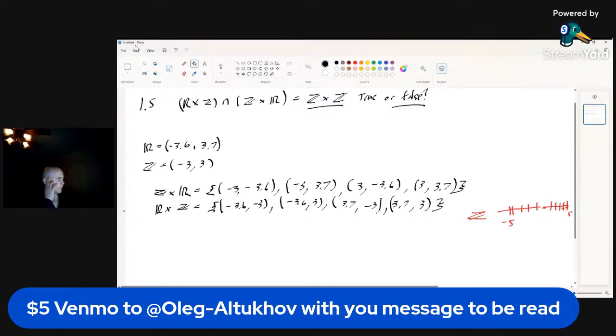The two sets that I created, one is R, the other one's Z. Z by R and R by Z. They will not intersect. So the first part must be true. The only kind of intersections they can have is when both are integers. Because yeah. Let's say this is true.